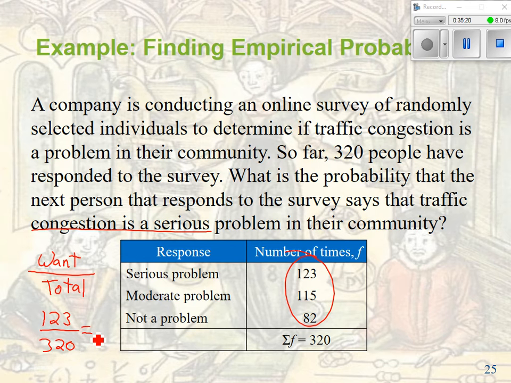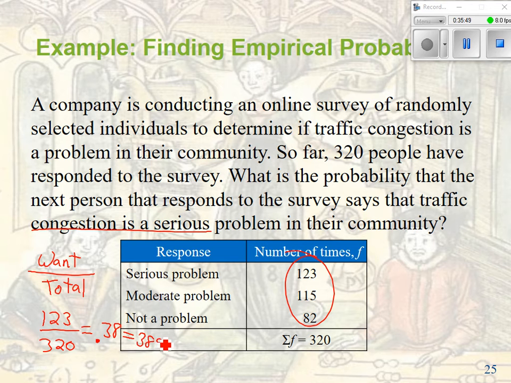Now this is why the book changes theirs into decimal, because if I tell you 123 out of 320 is the probability, does that really make any sense to you? Doesn't really mean anything, right? So if we change it to a decimal, somebody help me out, what is that as a decimal? 0.38. And then I would even change it to a percent. What is it as a percent then? 38%.